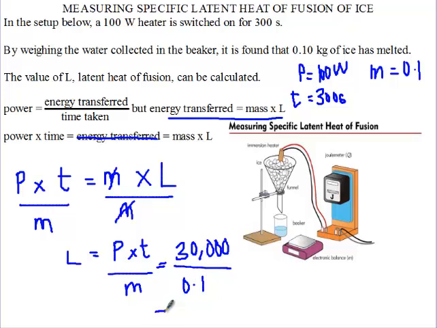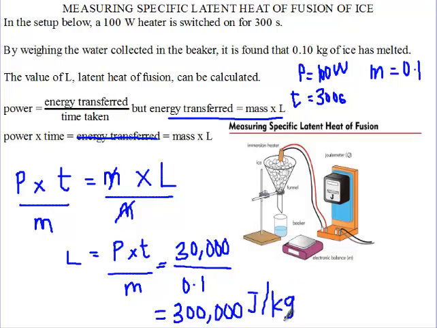And what is this equal to? 30,000 divided by 0.1 is equal to 300,000 joules per kilogram.